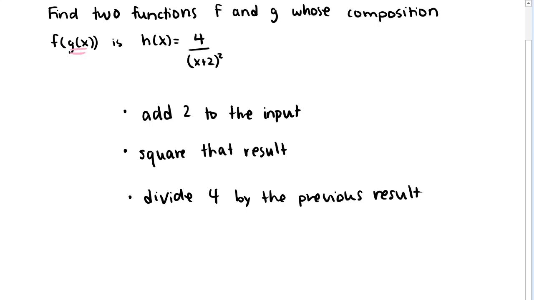I can imagine divvying this up in any way I want to make an inner function and an outer function. One way I can do this is to have this first step go with my inner function. I can call this my g of x. And then these latter two steps I can use as my outer function, f of x.